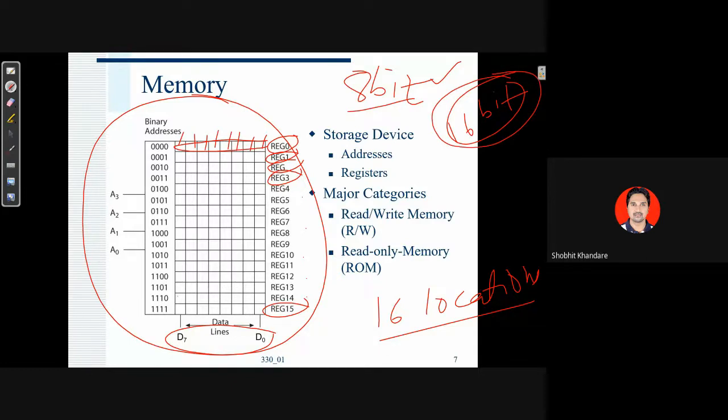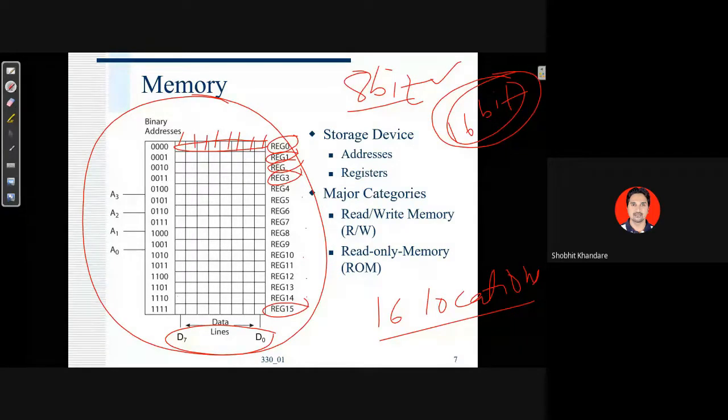To store my 16 bit in the memory location, how many memory locations will you require? Your answer? Sir, 2 memory locations.